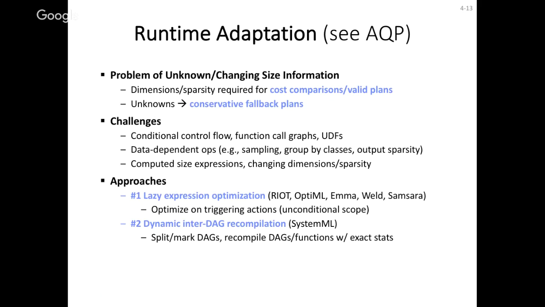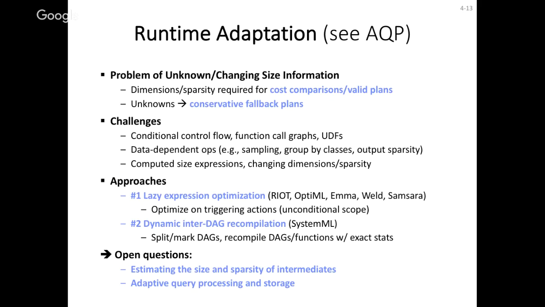What we do is split DAGs at boundaries where certain operations create unknown size estimates. We flag entire DAGs for dynamic recompilation, and during runtime, based on the exact statistics of your intermediates, we propagate them into a partial DAG, recompute memory estimates, and recompute instructions for a basic block just before we execute it.